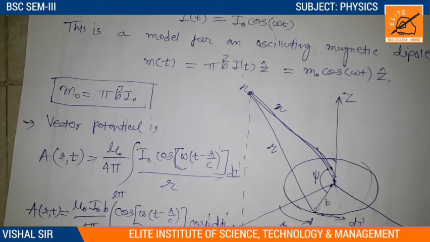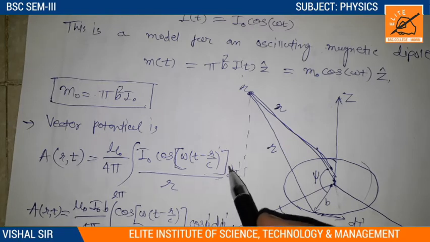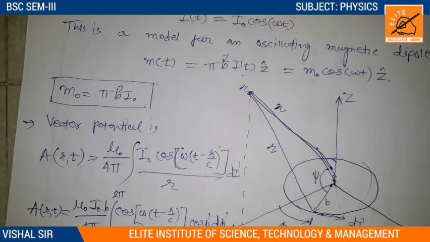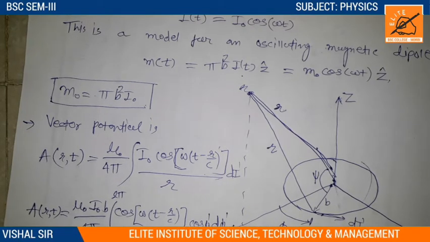Here we have changed dI dash to d phi dash. Cos phi dash serves to pick out the y component of dI dash. We have seen that A will be in the direction of y.